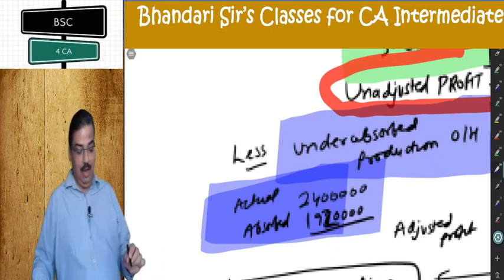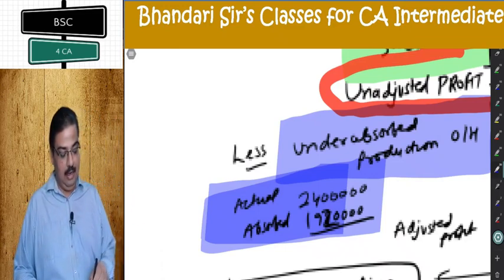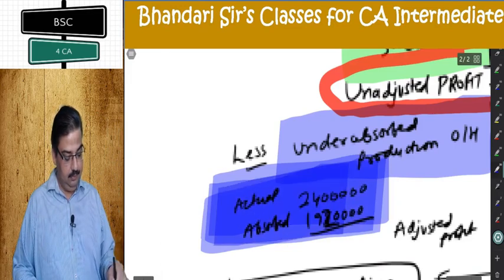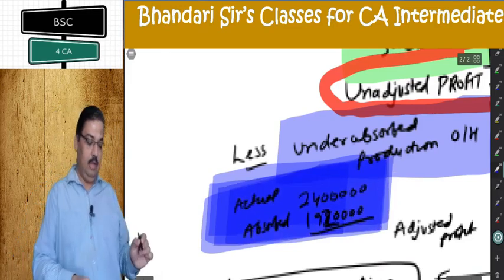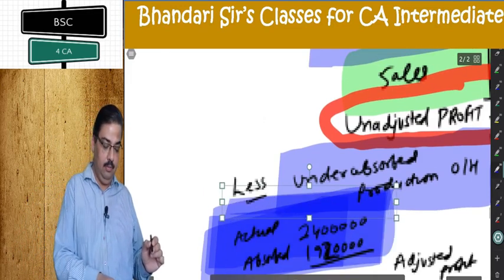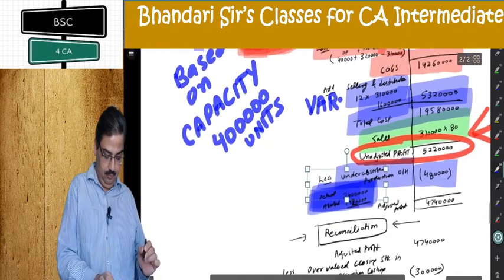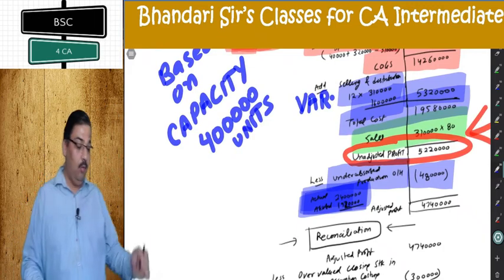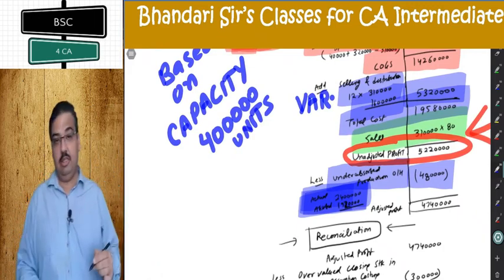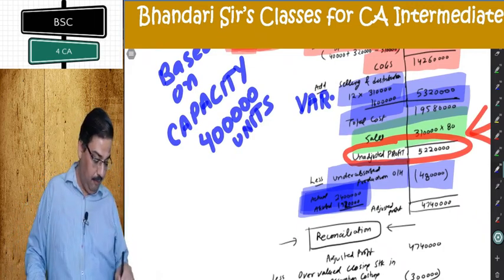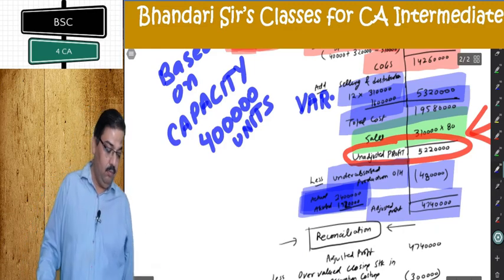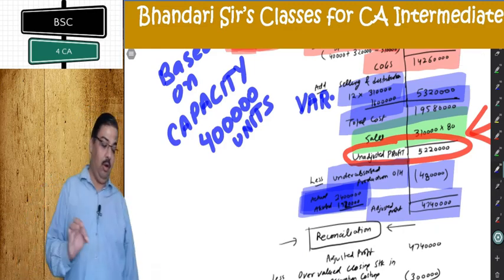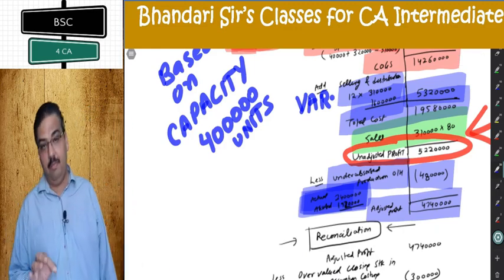Actual 24 lakh, absorbed 19 lakh 20,000. It makes under absorbed production overhead 4,80,000. Once you deduct this from unadjusted profit, I am getting adjusted profit, 47,40,000 is my adjusted profit.